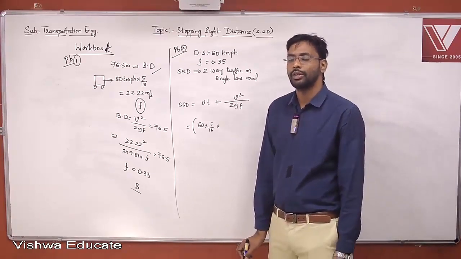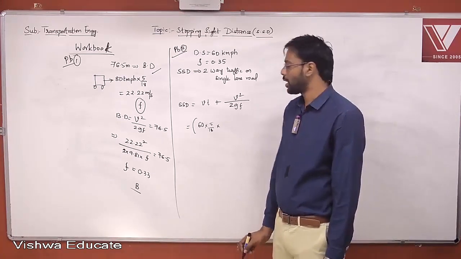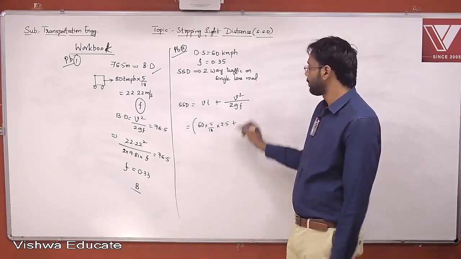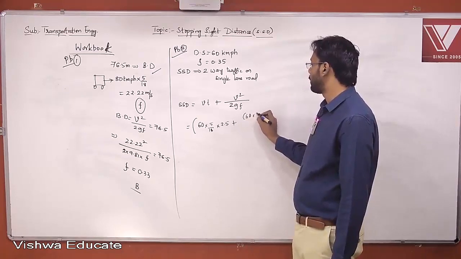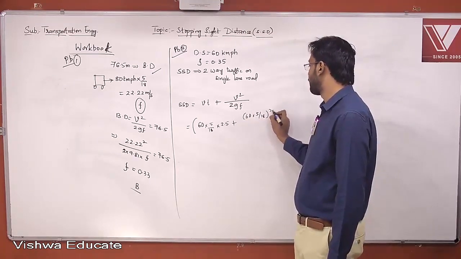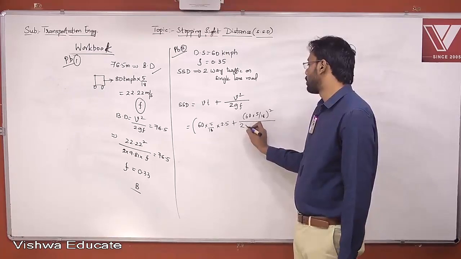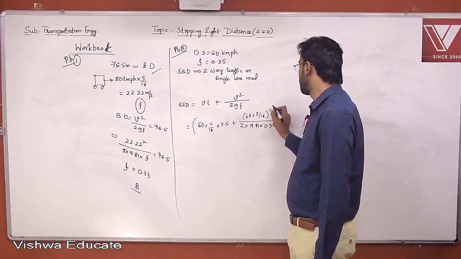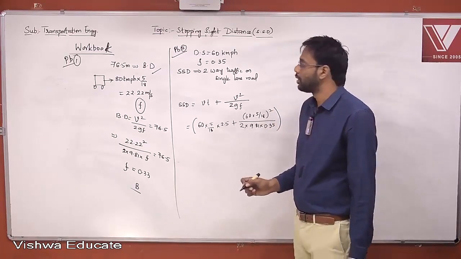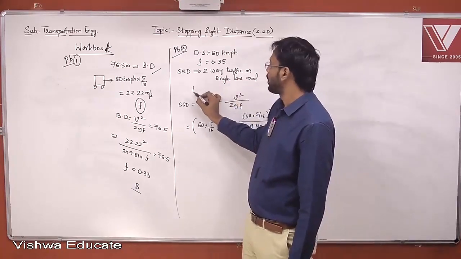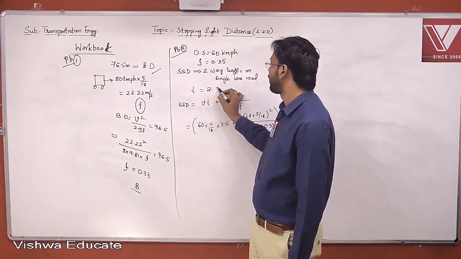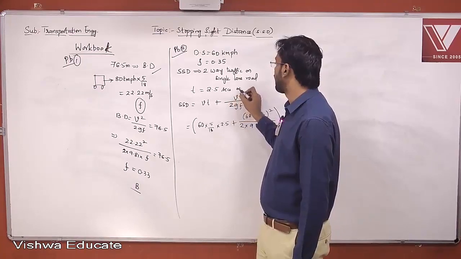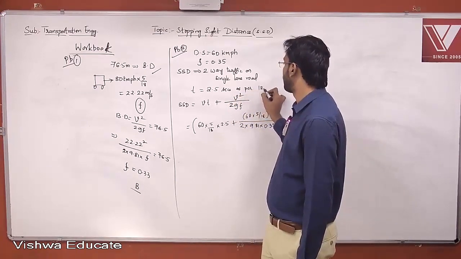It is 2.5 seconds as per IRC, right? So 2.5 plus again 60 into 5 by 18 whole square divided by 2 into 9.81 into f, which is 0.35, already given. So the only thing to be remembered here is the reaction time of the driver is 2.5 seconds as per IRC, because he has not given it.